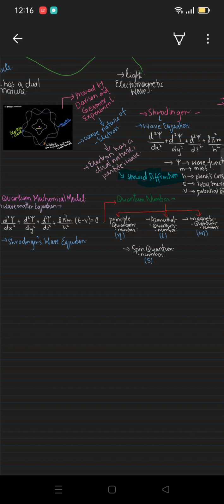Initially, we discussed that no one gave the wave equation other than Schrodinger. He gave a wave equation in which he used a wave function psi, right?